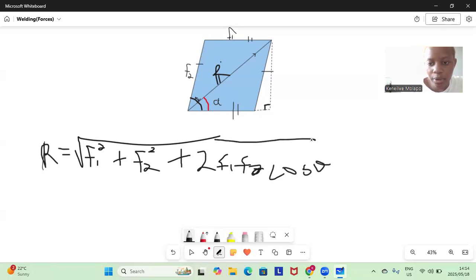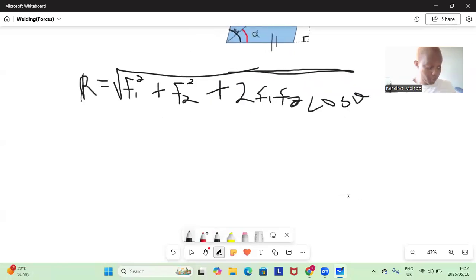Then we include the square root. So that's your formula for your resultant force.